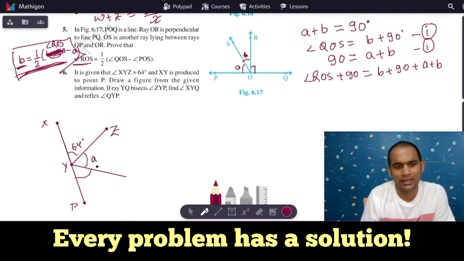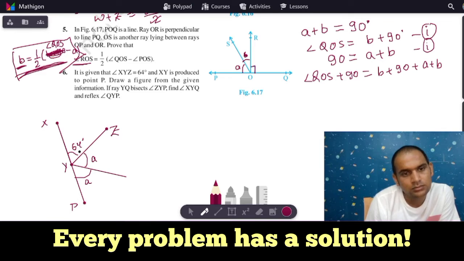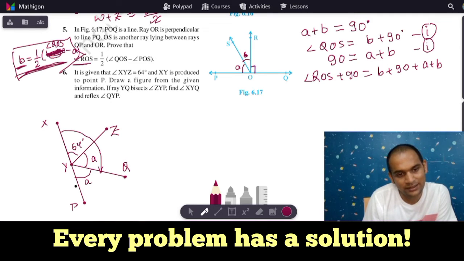I will name it A and A. Now find XYQ. YQ is the line segment which is bisecting. So we need to find this particular angle, and then the reflex of QYP. QYP is this angle, so we need to find this particular angle.